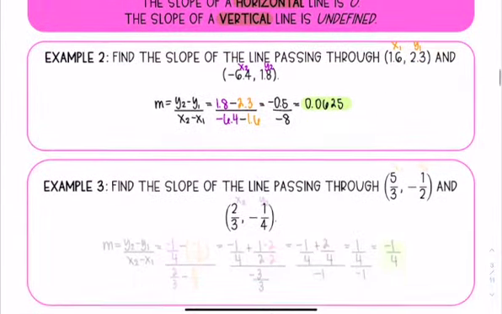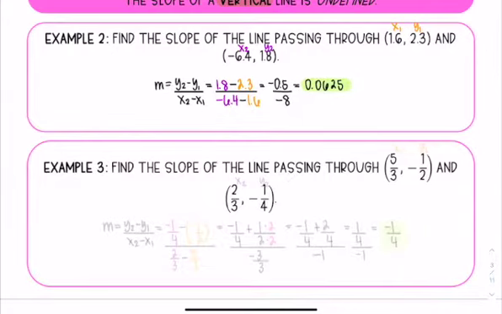What about the slope between (5/3, -1/2) and (2/3, -1/4)? So again, we're just going to plug it back into our formula. We've got x1, y1, and x2, y2.